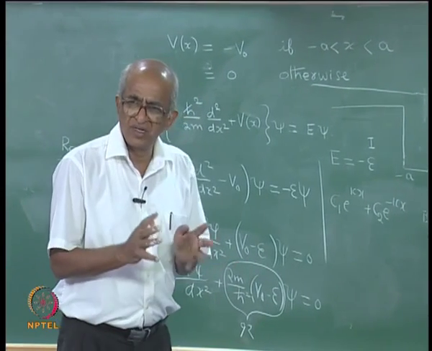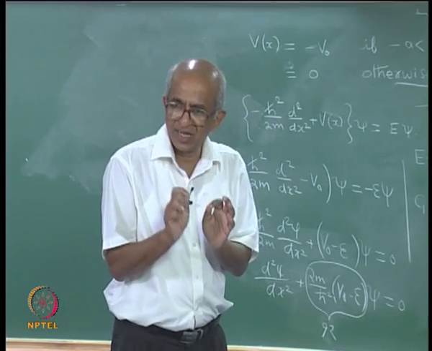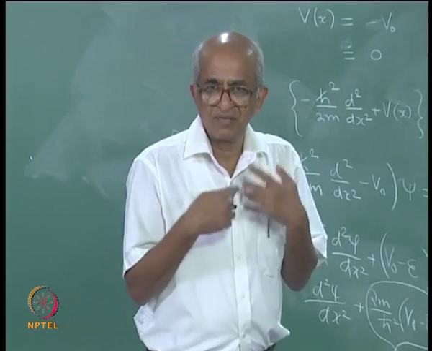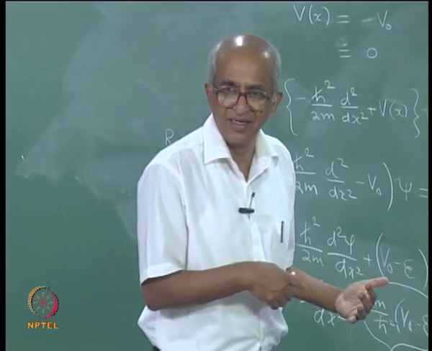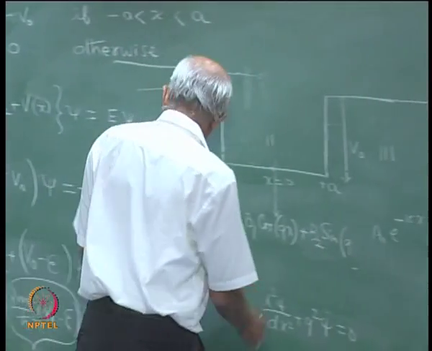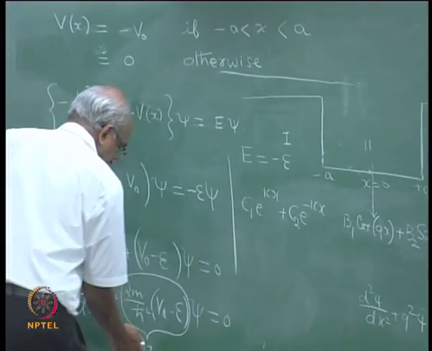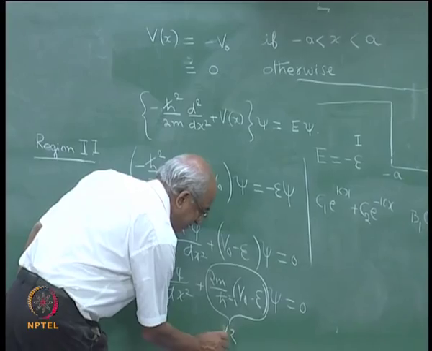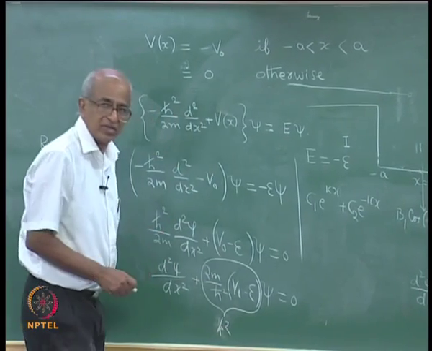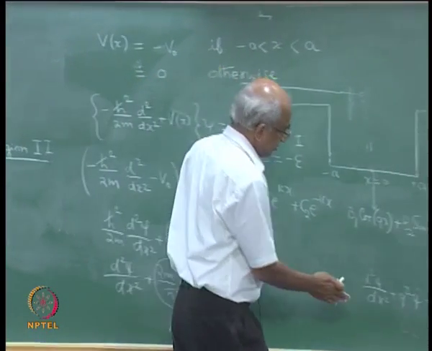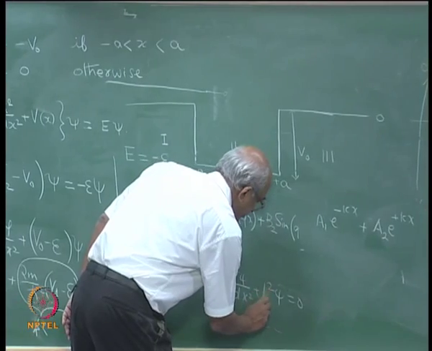I hope you do not mind if I change notation slightly, because what comes to me naturally is k. So, instead of calling this q, let me just call it k. K square is defined to be equal to that. So, therefore, here you are going to get k square.